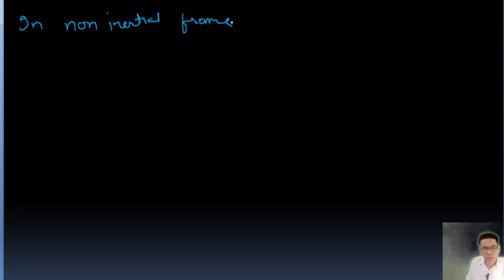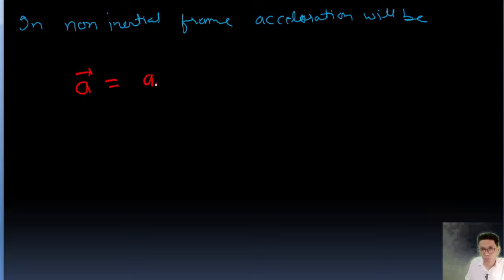Next, in the non-inertial frame, the acceleration will be, there's a formula, guys, you need to note it down. The acceleration a is going to be equal to a naught minus omega cross omega cross r vector.